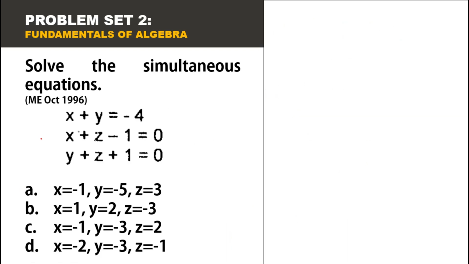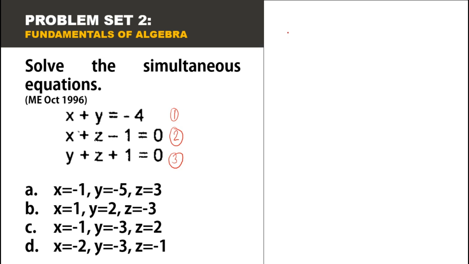Solve for the simultaneous equations. So you have 3 equations, 3 unknowns. For the first equation, we have x and y as the variables. For the second, we have x and z. For the third equation, we have y and z as the variables.